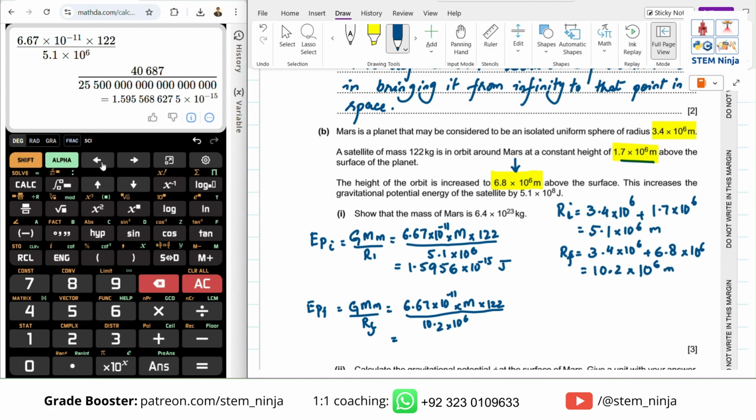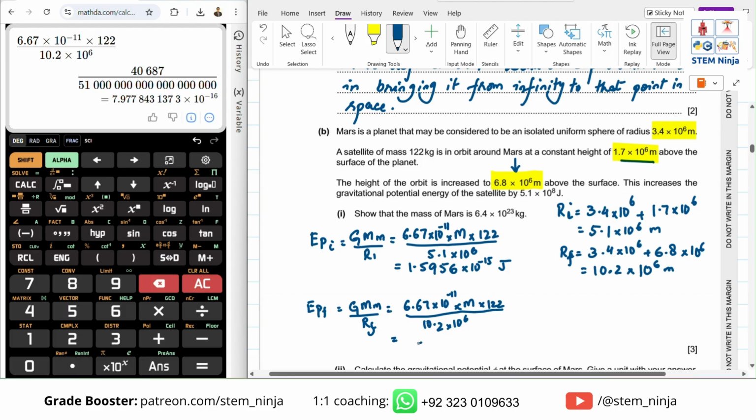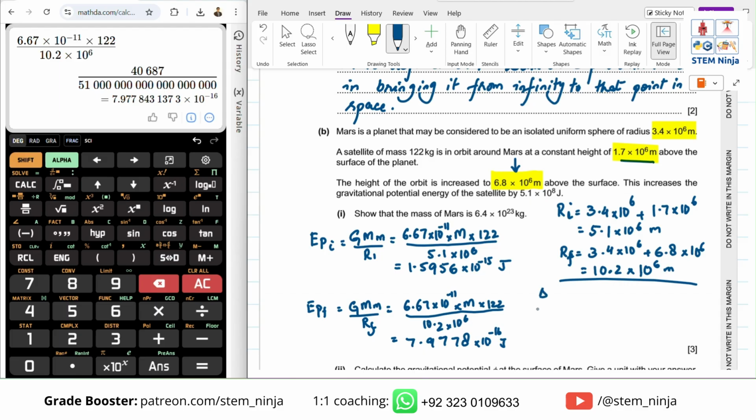And this one, there's only one change, 10.2, 7.9778 × 10^-16 joules. Okay, so now we need to multiply the M also. So, sorry, M joules.